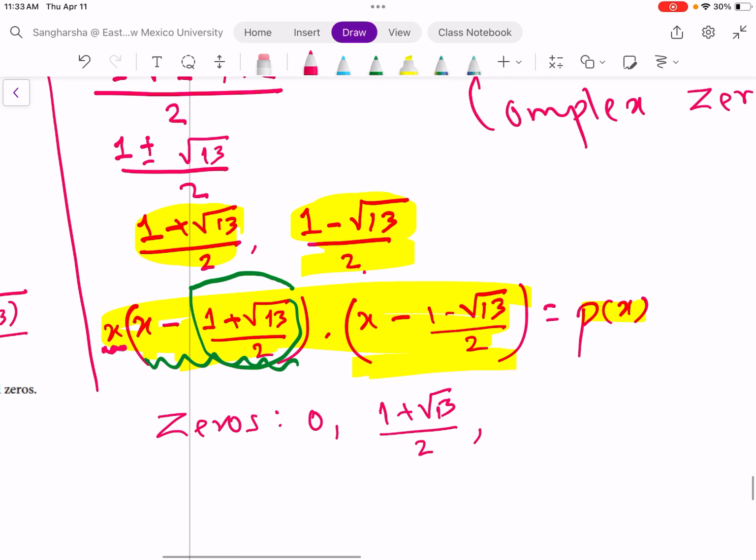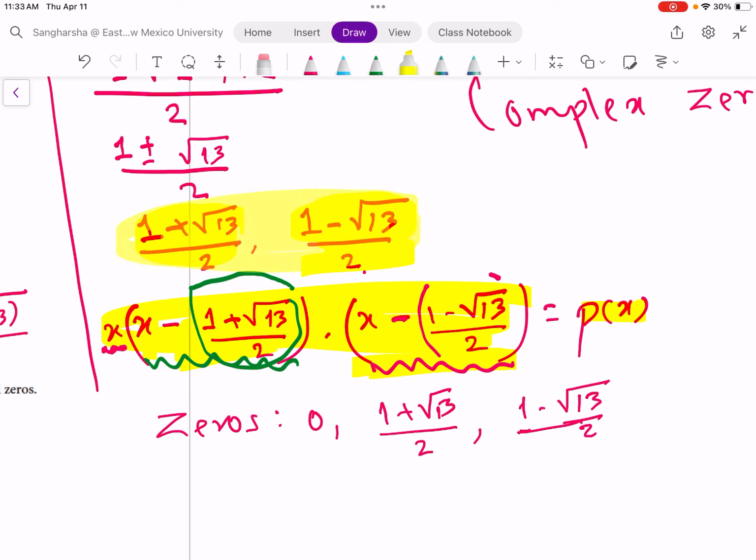And for what x value is this expression 0? The positive of this number, because we have negative here, 1 minus root 13 divided by 2. And we already have this real 0 here. See, I just copied this number here. These two are the same. These are the real zeros, and x minus these real zeros are the factors.